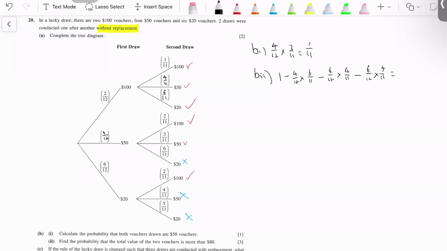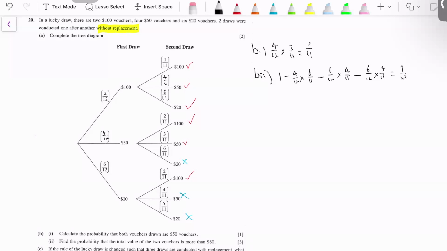So that will give us the probability of both draws adding up to more than $80, which is 9 out of 22.